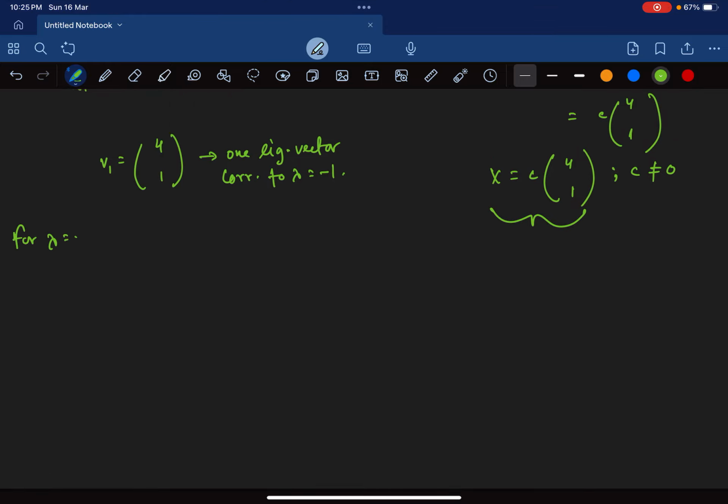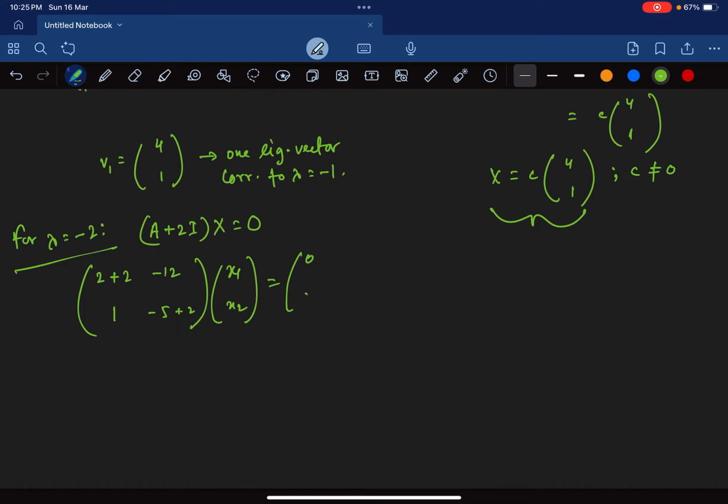Similarly for λ = −2, we have (A + 2I)x = null. A is [2, −12; 1, −5], plus 2 on the diagonal, so you have [4, −12; 1, −3] times [x1; x2] equals [0; 0].